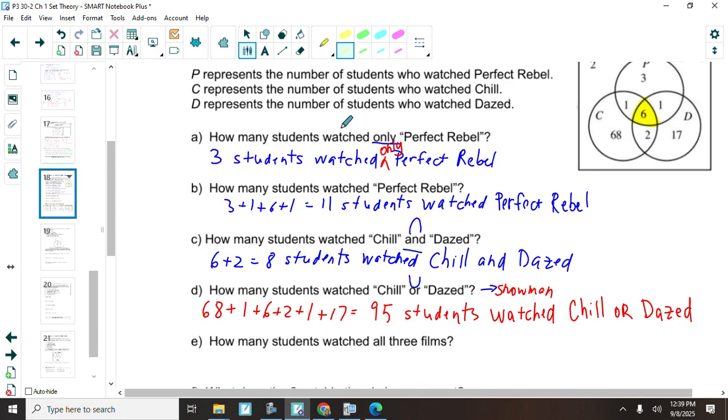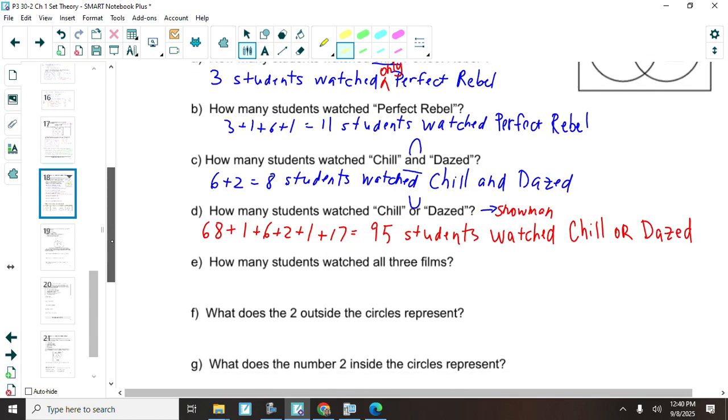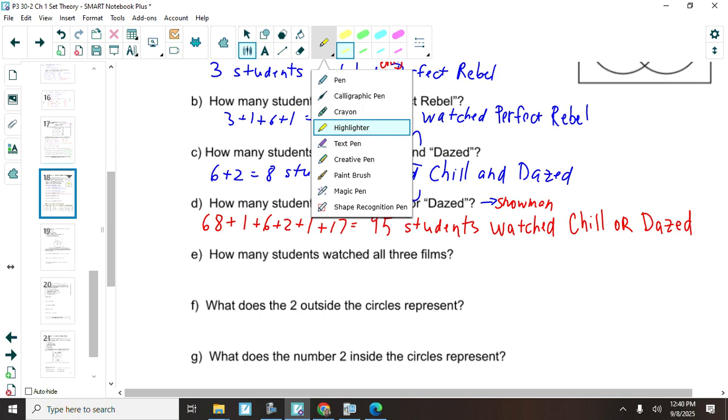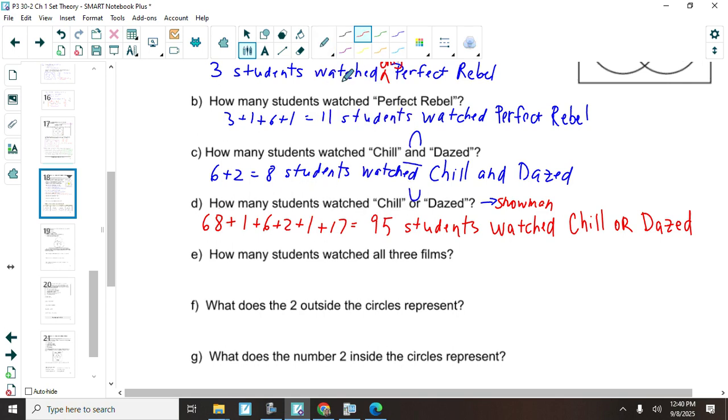That would mean that's how many students watched Chill and Dazed and Perfect Rebel. So the little triangle in the middle is and. How many students watched all? 6 students watched all 3 films.